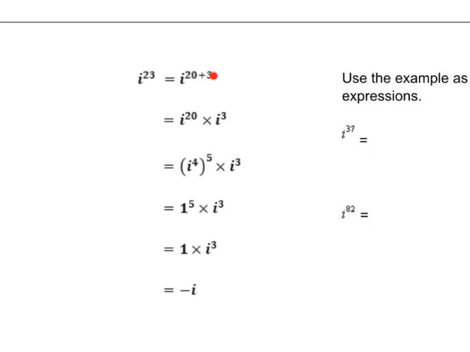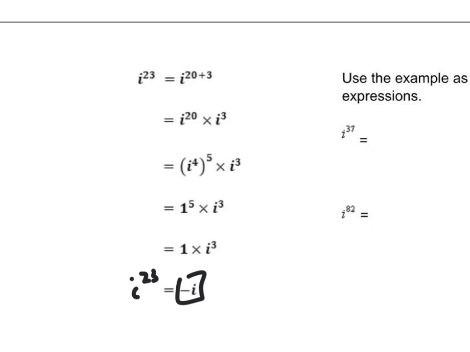So when I have the sum of two exponents, that means I have i to the 20th times i cubed. Well, i to the 20th can be rewritten as i to the fourth raised to the fifth power. And i to the fourth we know is just 1. So 1 to the fifth is just 1, and then we have i cubed, which we know is -i. So i to the 23rd is essentially equal to just -i when you evaluate it.